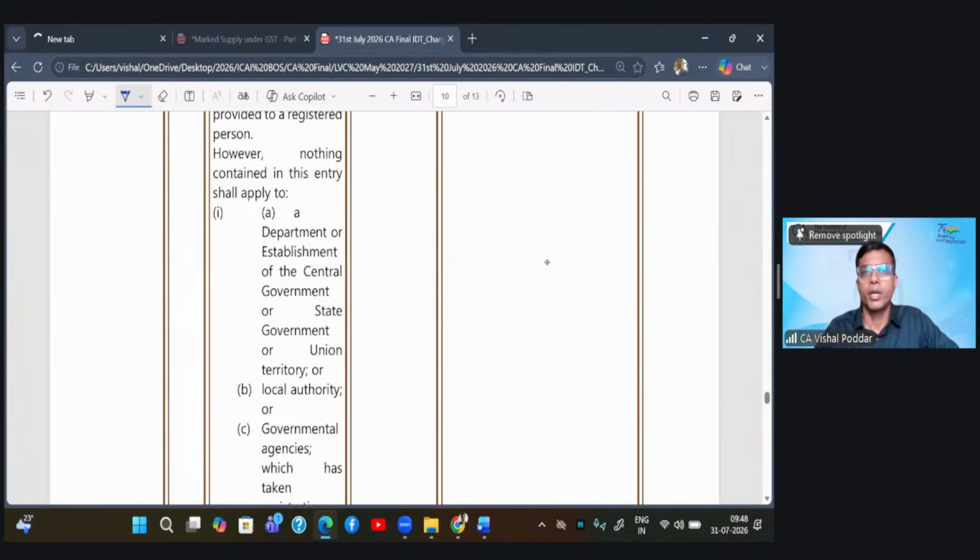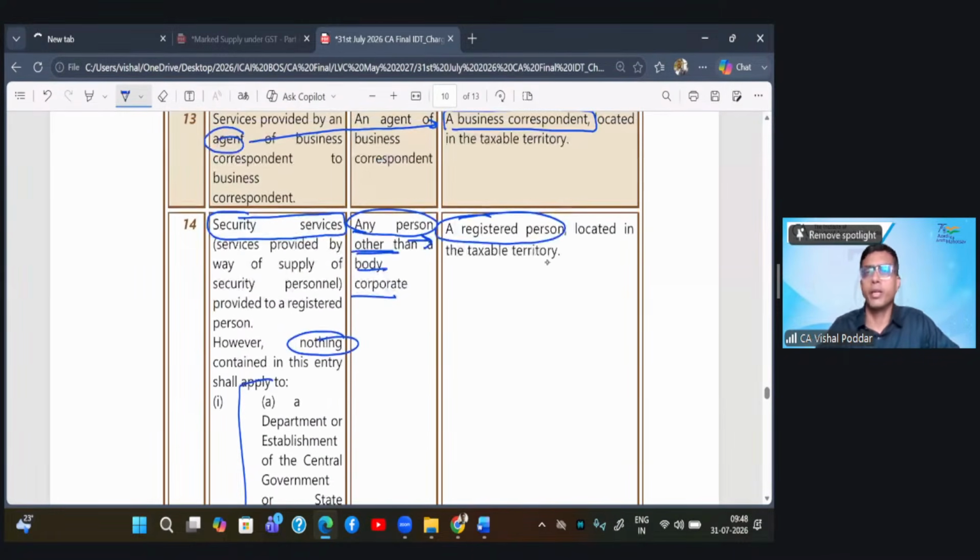Now important, it is again not covering whom? Government. So I will write it here itself: a registered person except government registered under GST only for deducting tax at source.